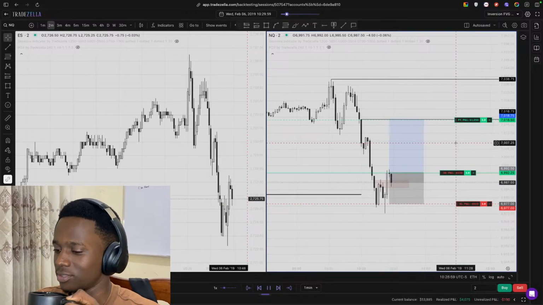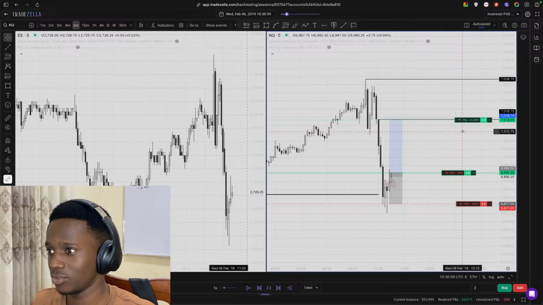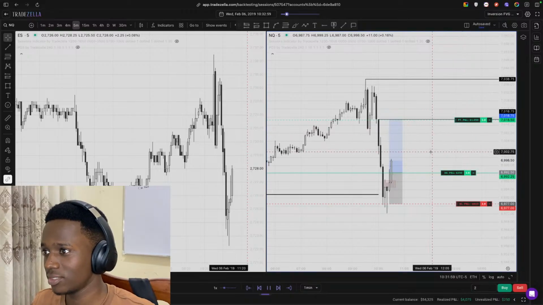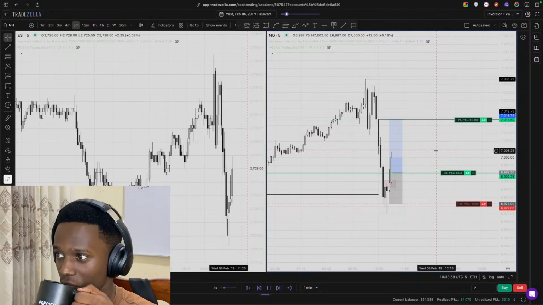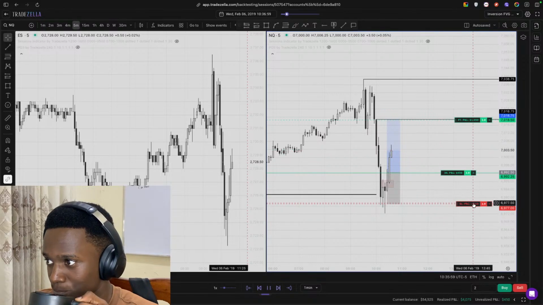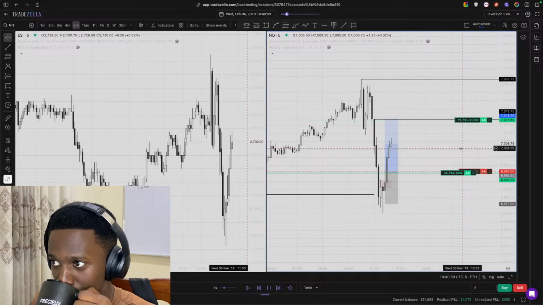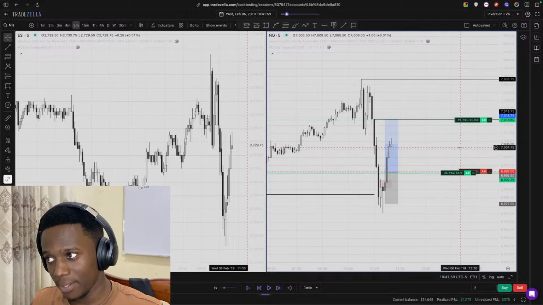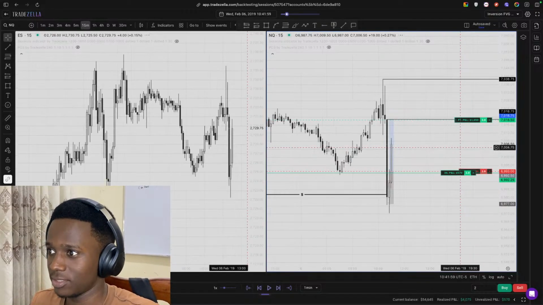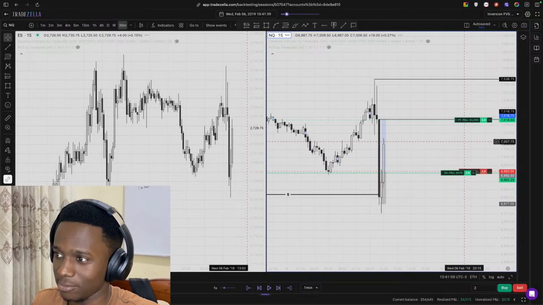Oh, come on. Just going to reverse now. Let's see if this 5 minute can inverse. Okay, it's inversed. But we are in a 15-minute gap, crazy one as well.